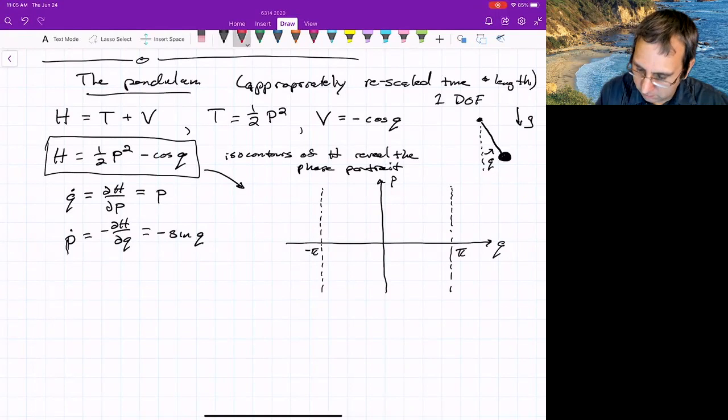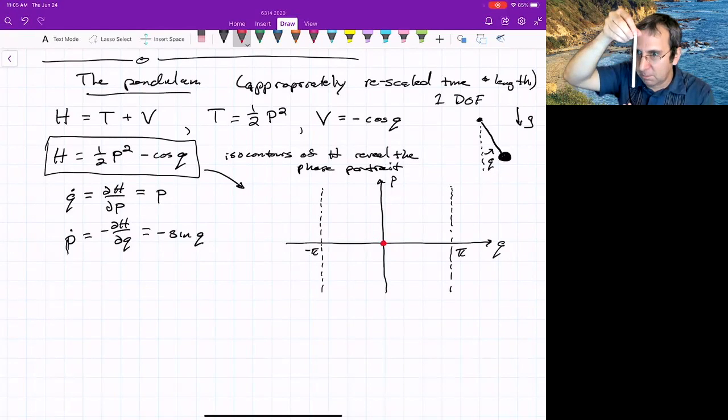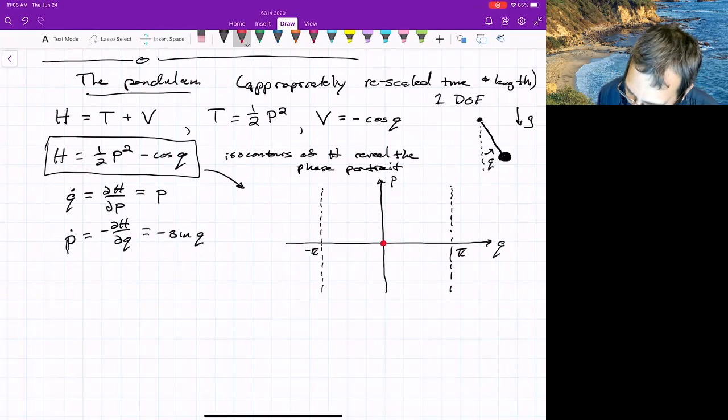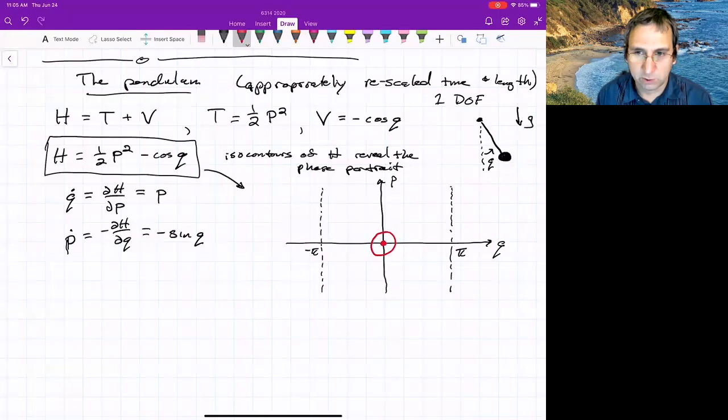For low values of H, for the minimum value of H, you just get a fixed point at the origin, which would be the downward position of the pendulum, no motion, nothing terribly exciting. For slightly larger values, the isocontour will look like that. And you need to know that P equals Q dot.